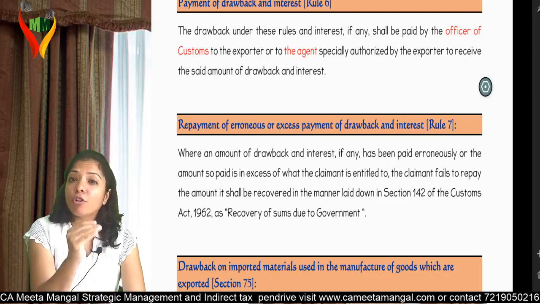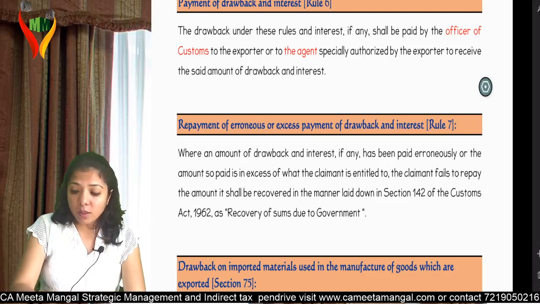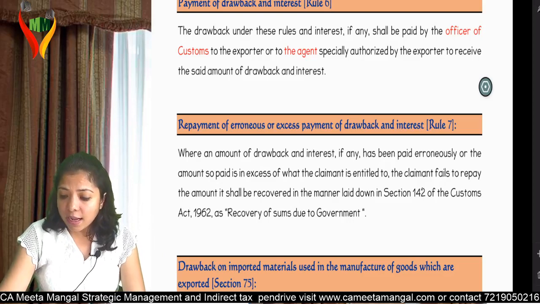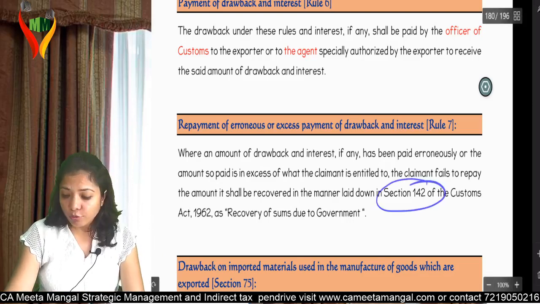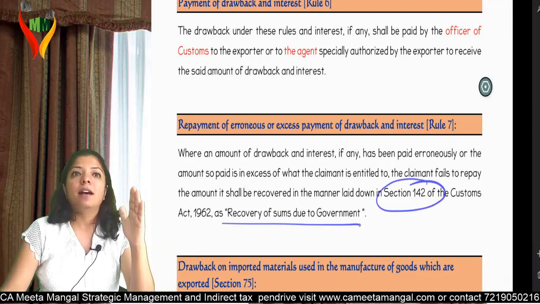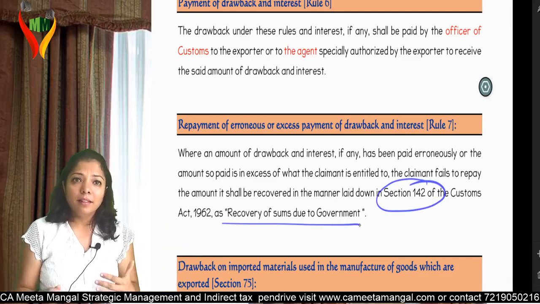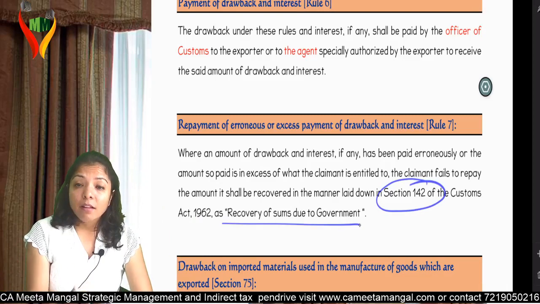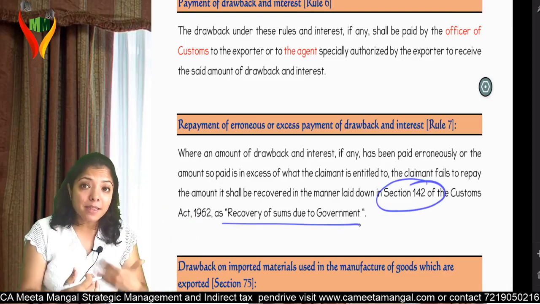But by chance, if you're not giving the money back, the government can recover that money as per section 142 as recovery of sums due to the government, and recovery has a process. Recovery has a way. One by one, we'll go step by step.